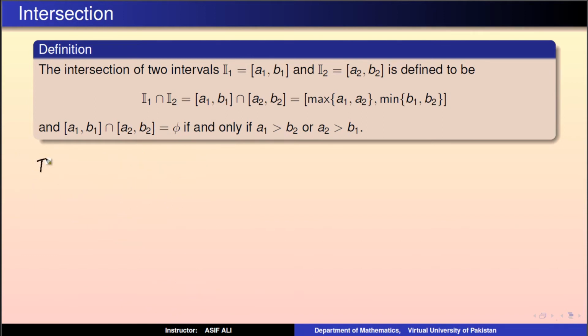एक और एग्जाम्पल देखते हैं. I1 = (1, 3) and I2 = (1, 5).